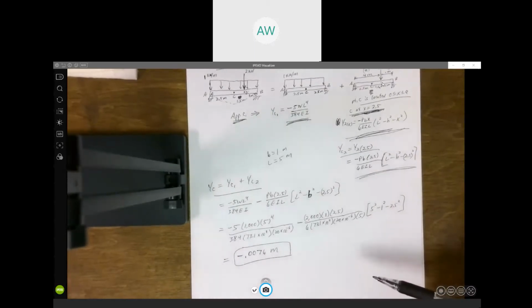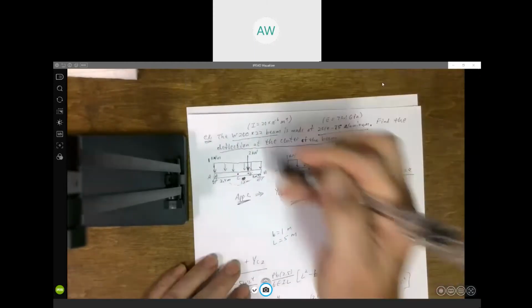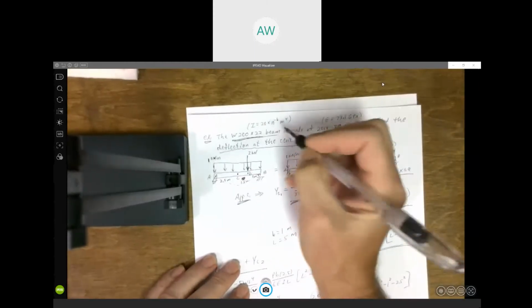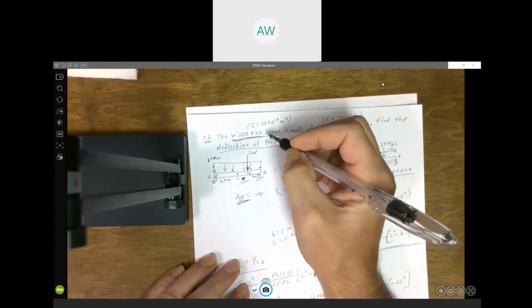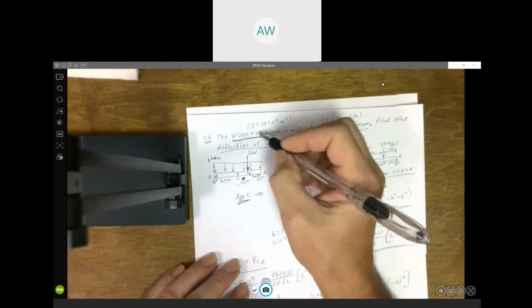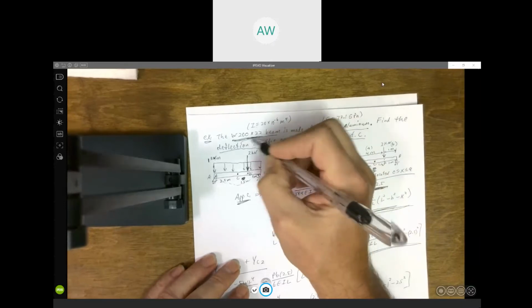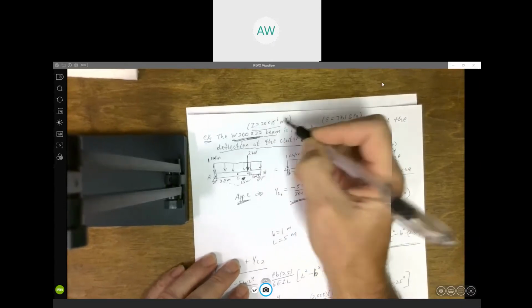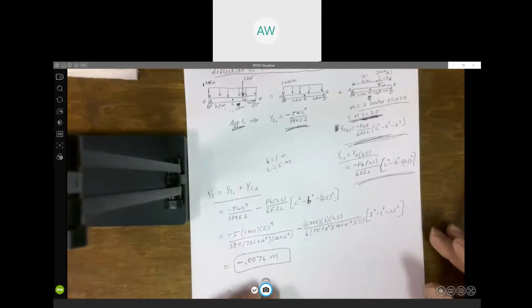Where do we get the I from? I looked it up in the table. I looked up in appendix, I think it's appendix B, where we had the standard beams. I looked up the W 200 by 22 I beam, and I got that out of the table. That's where it came from.